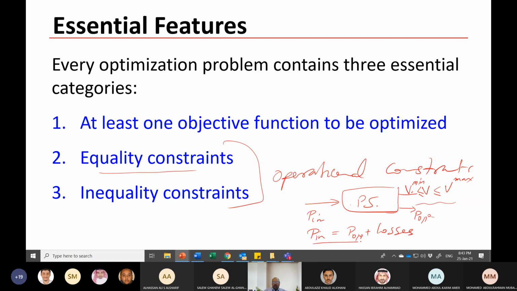So these are equality constraints. You will find for each plant some operational constraints, some of them equality constraints, others inequality constraints. So these are the three major components of the optimization problem formulation.